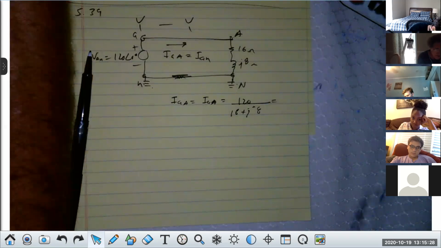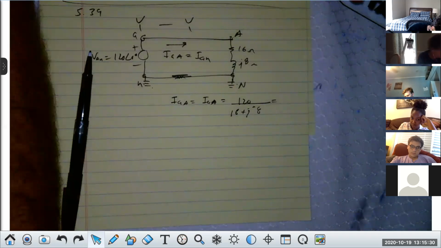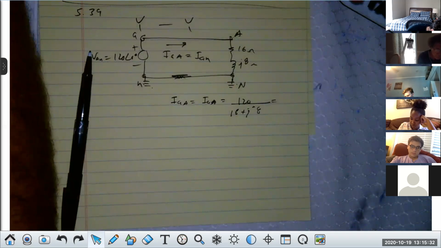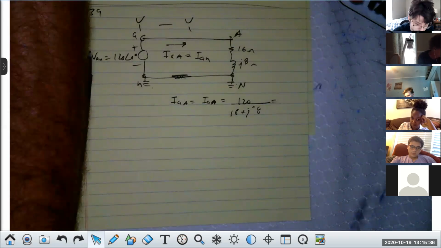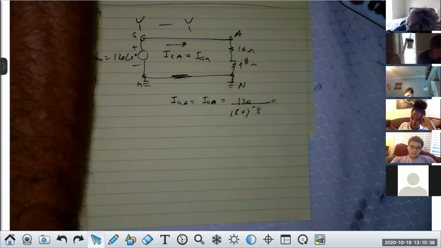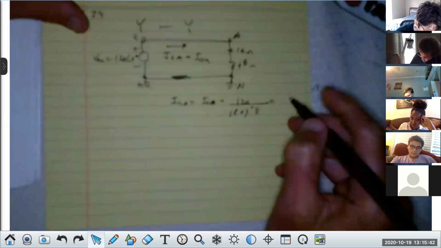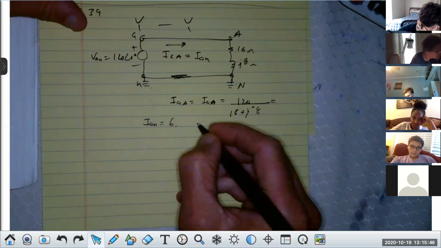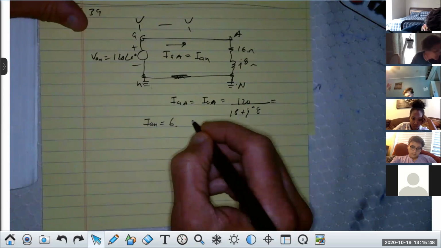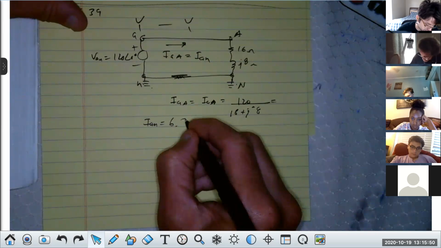And then I take an abs of that, and I get, you can check me on this, 6.7082. Anybody want to confirm that? I got 6.7082 at negative 26 degrees.